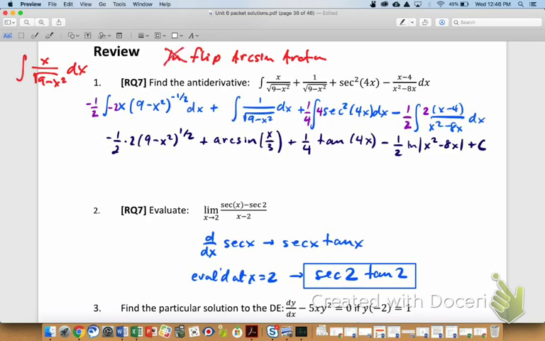Flip up. Honestly, with flip up, the best way to do it is to either mentally or literally try it and see if it works out without messing up the chain rule or substitution, depending on what you do. So I would just write it out. I'd go x times (9 minus x squared) to the negative 1/2. Then I'd ask myself, clearly we have a composite, right?